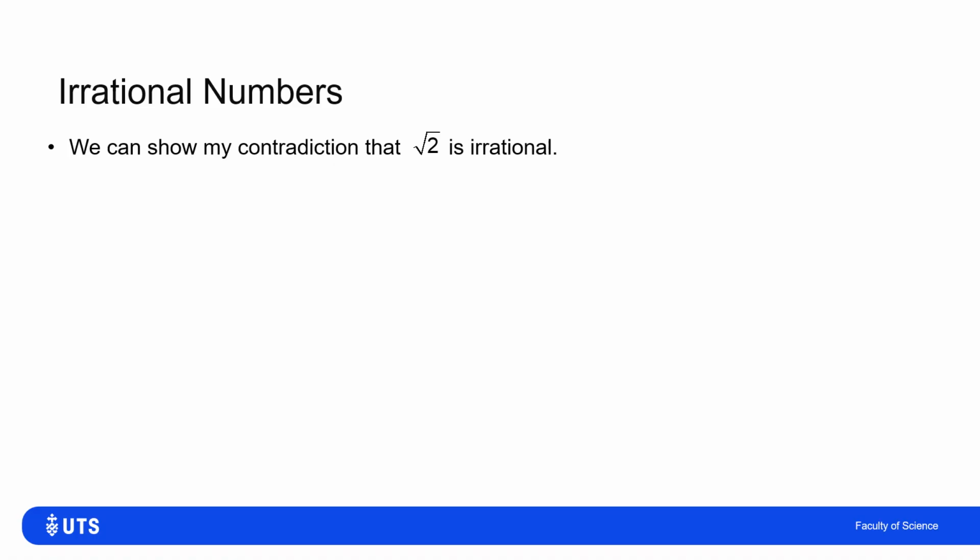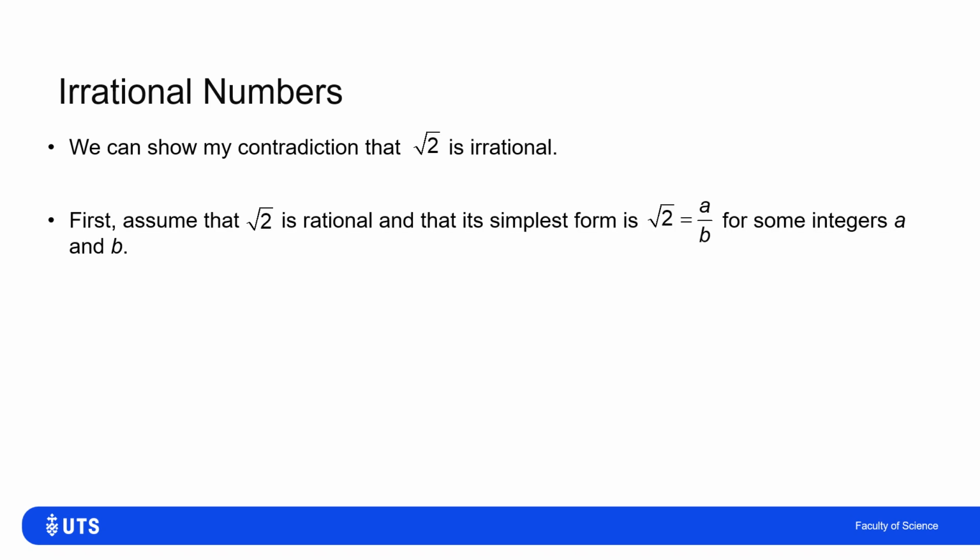So we can prove by contradiction that the square root of 2 is irrational. Like all proofs by contradiction, we start by assuming the opposite of what I want to prove to be true.